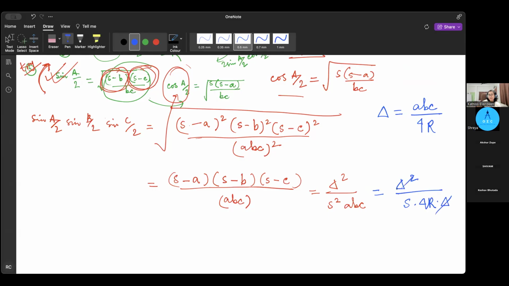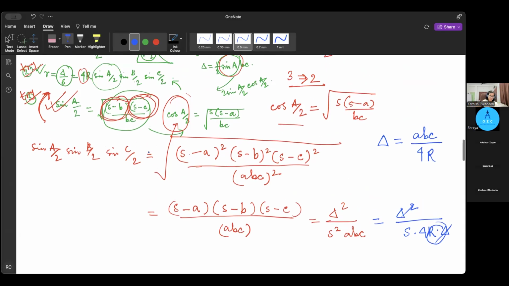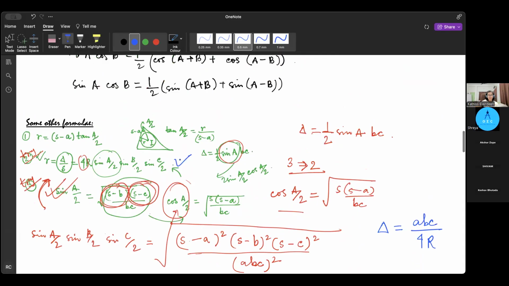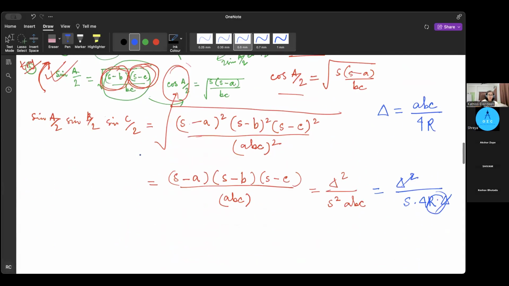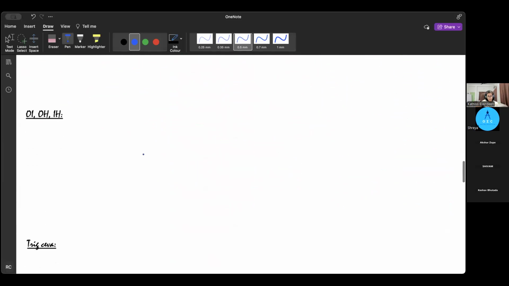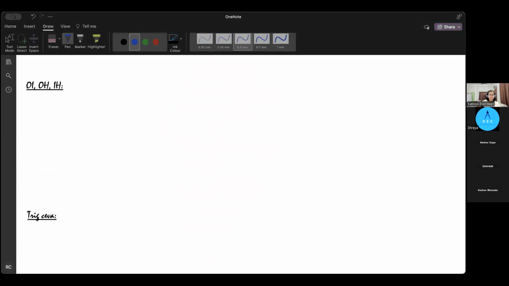So the delta cancels. And if you take 4R to the other side, you just get that delta by s is 4R sine A by 2 sine B by 2 sine C by 2. And you just land up with this formula. So it's pretty easy to get from 3 to 2. But it is a challenge to prove 3 and 2 without using each other. So that's one of the homeworks, and I'll probably put that on the problem set, but you can just try it.